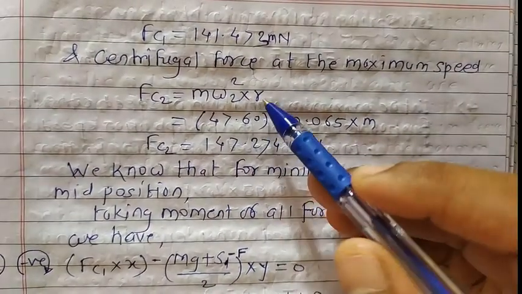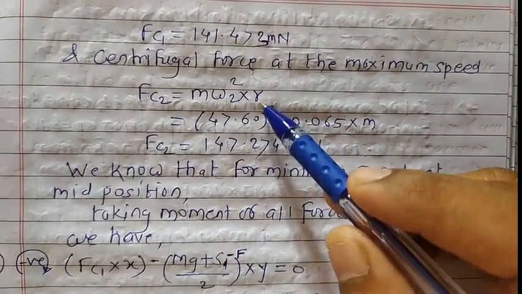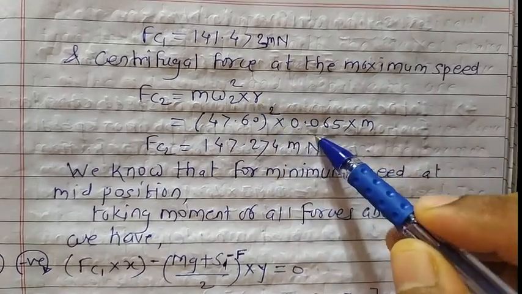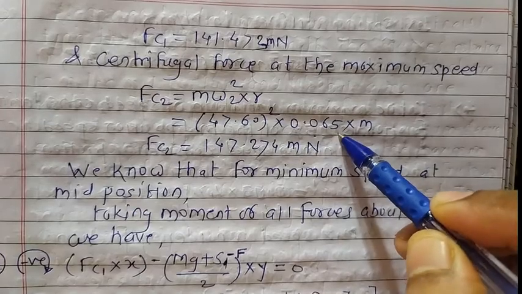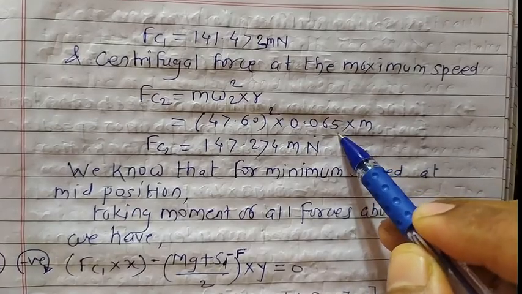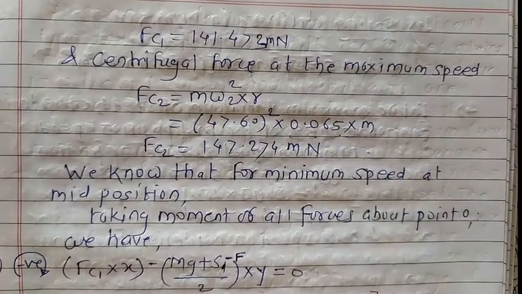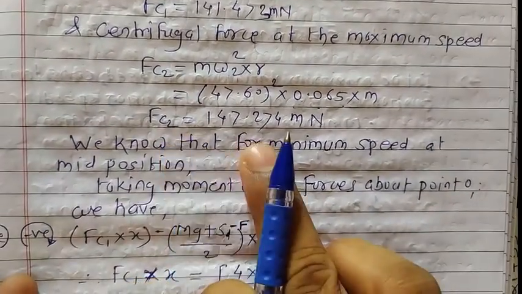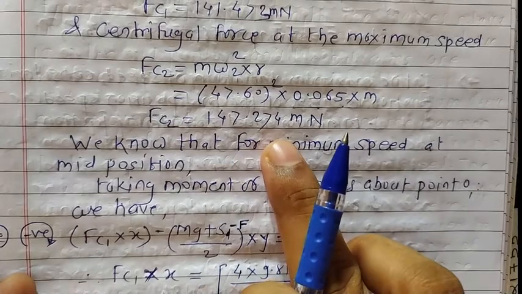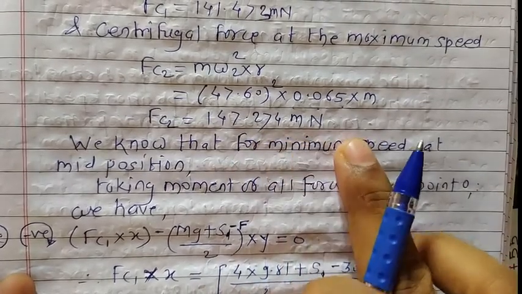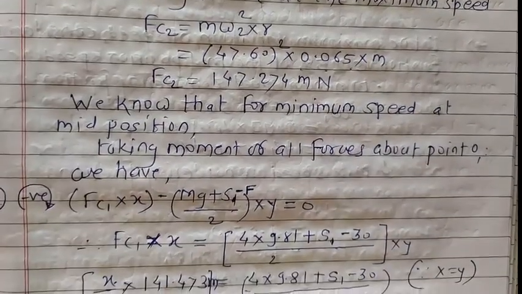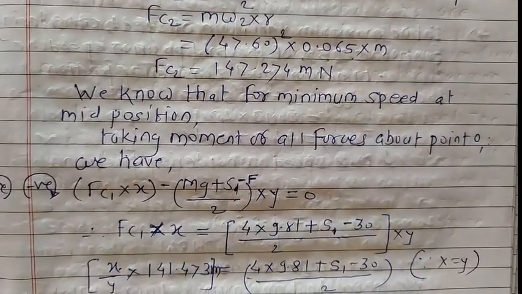This r corresponds to the mid position, so the value of r does not change and remains the same. That's why 0.065 is taken for both the minimum and maximum positions. After simplification, we get Fc2 equals 147.274 m Newton.